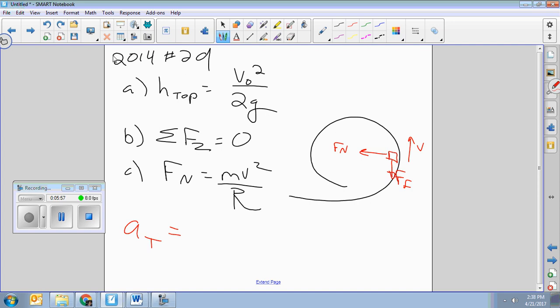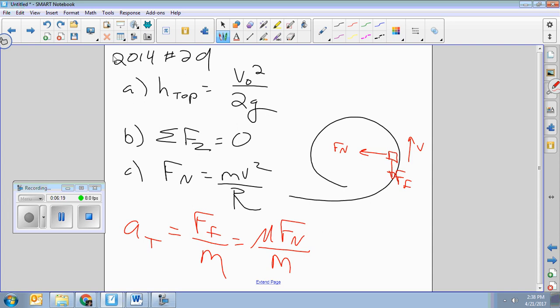So, my tangential acceleration, what's the force that's producing it? Friction. Does that make sense? Okay, so friction is coefficient of friction times normal force. So coefficient of friction times normal force over m.